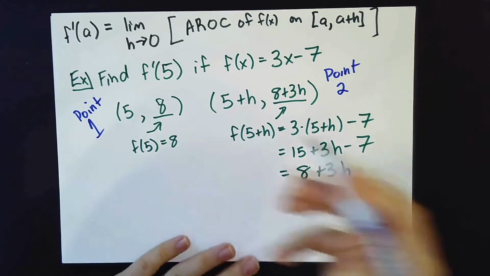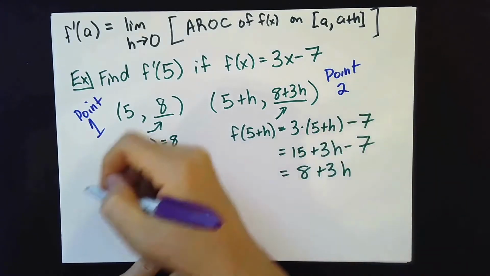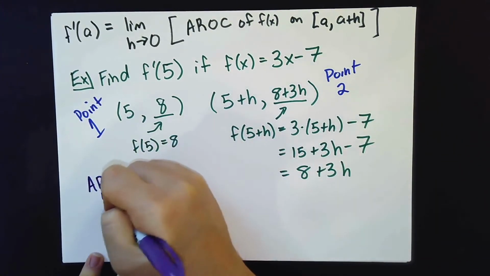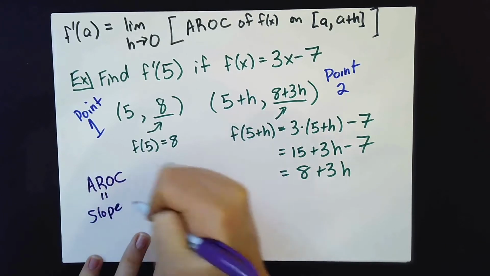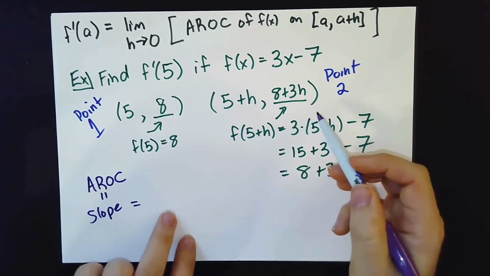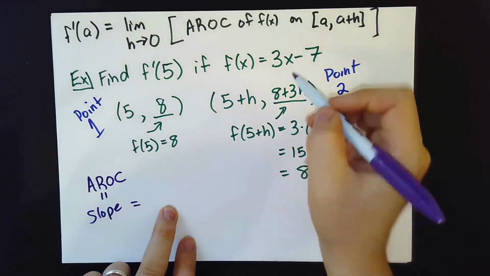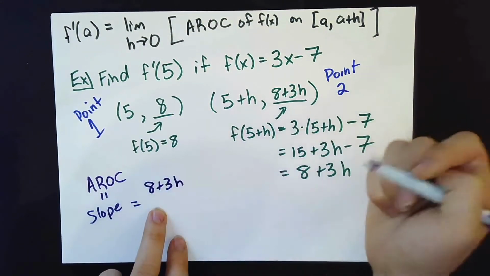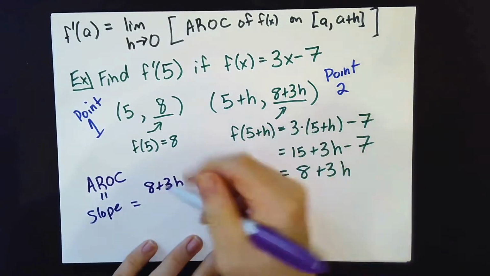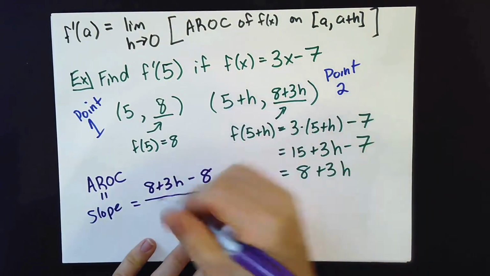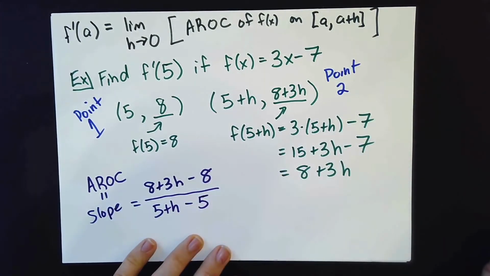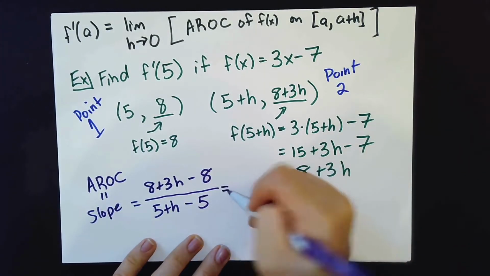So let's find the slope between these 2 points, which is also the average rate of change. All of these words are the same. Which will be the difference in the outputs, so that'll be 8 plus 3h minus 8 divided by 5 plus h minus 5, which I can simplify.